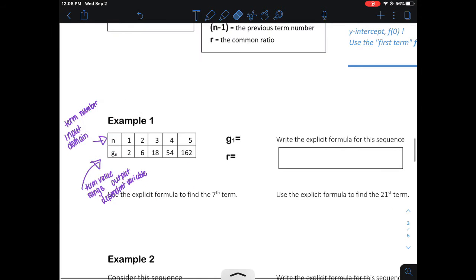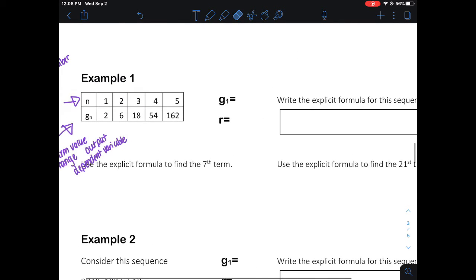All right, so let's jump to answering some of these questions. G sub 1, first term, is 2. R, common ratio. To get from one term to the next, what do we multiply by? So 2 to 6 to 18 to 54 to 162, we are multiplying by 3.